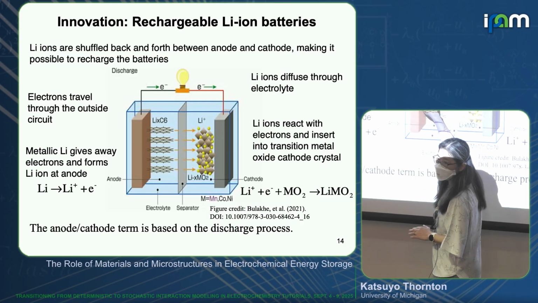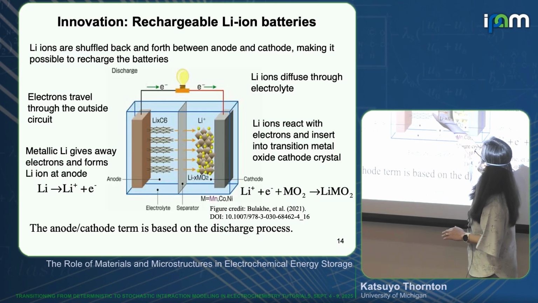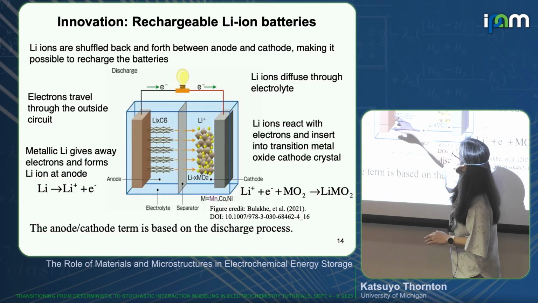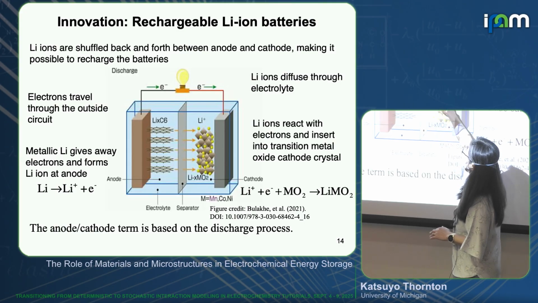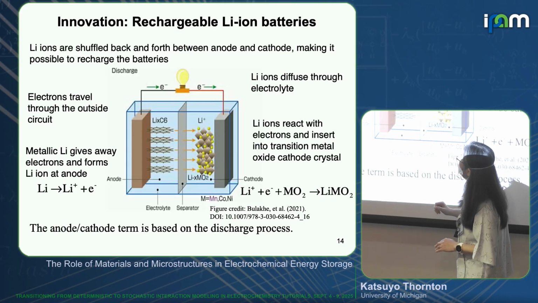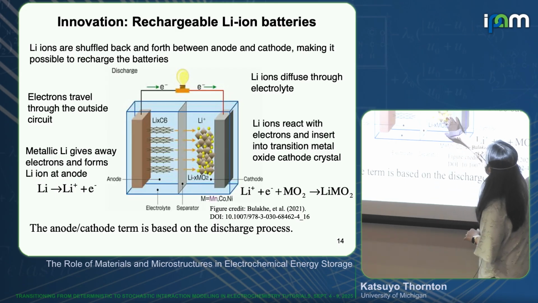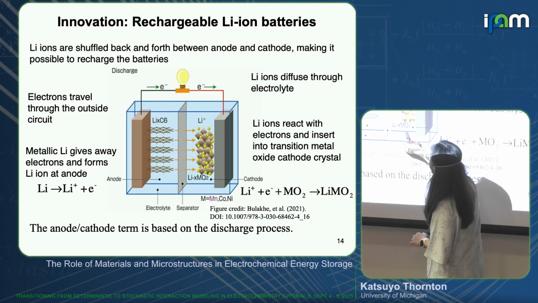Lithium just sits in between the layers. Then the lithium comes out of the anode, gets transported to the cathode side, and gets intercalated into the cathode.